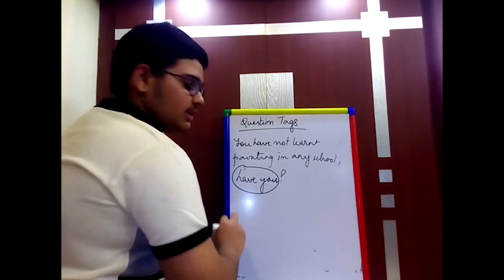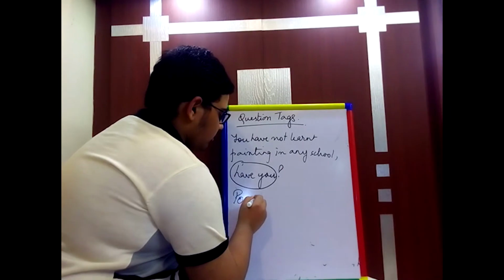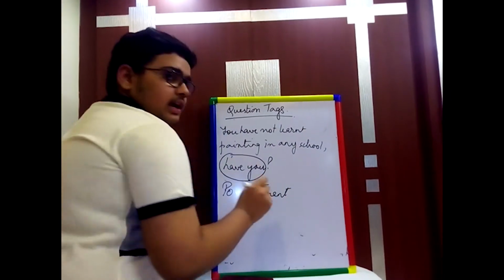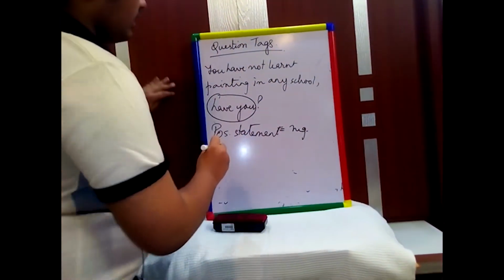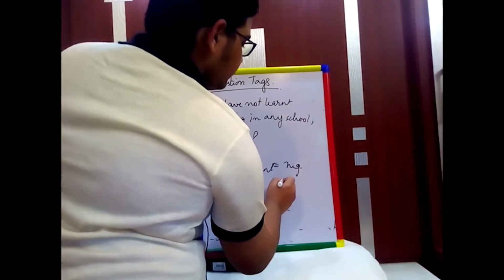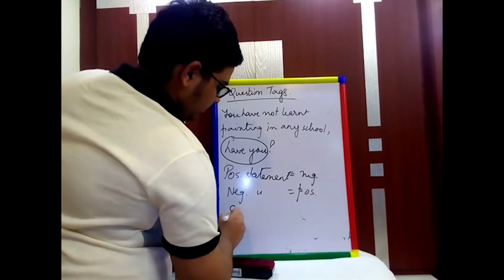Now there is a very important rule that if it is a positive statement, we always have the question tag negative, and if it is a negative statement, we always have the question tag positive. The only exception is with shall.